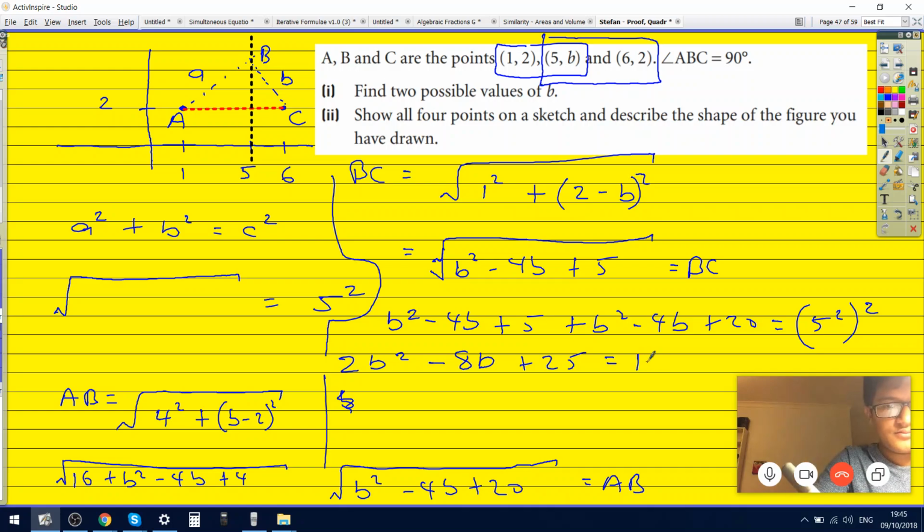And that's equal to c squared, which is 5 squared. Sorry, it's not 5 squared squared.